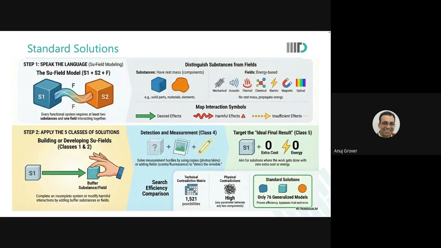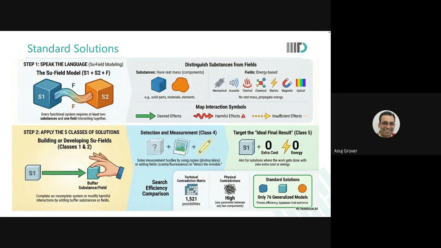Components that do not have a rest mass are fields. Then he added that in any substance field diagram or in any engineering system, for it to be good enough, it should have at least 2 substances and 1 field. If either 2 substances are not there or if 1 field is not there, then it is an incomplete system and it would suffer from some challenge.